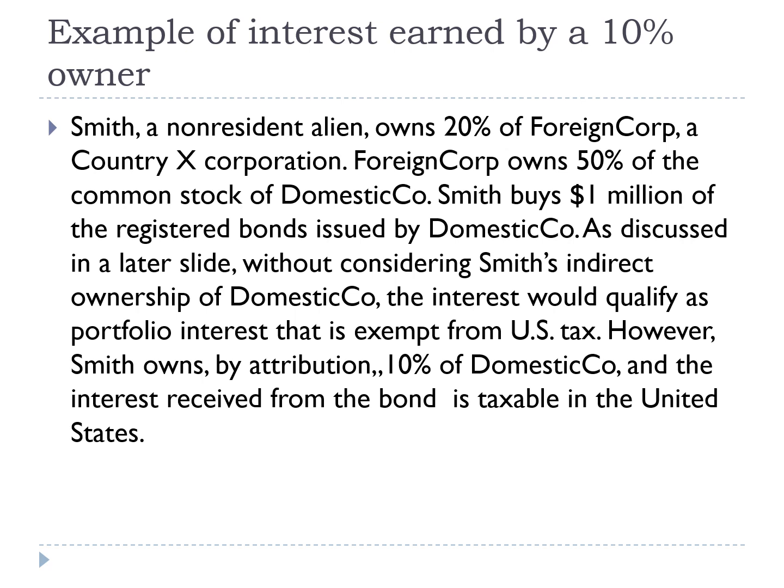Smith buys $1 million of the registered bonds issued by Domestic Co. As discussed in a later slide, without considering Smith's indirect ownership of Domestic Co., the interest would qualify as portfolio interest that is exempt from U.S. tax. However, Smith owns by attribution 10% of Domestic Co., and the interest received from the bond is taxable in the United States.